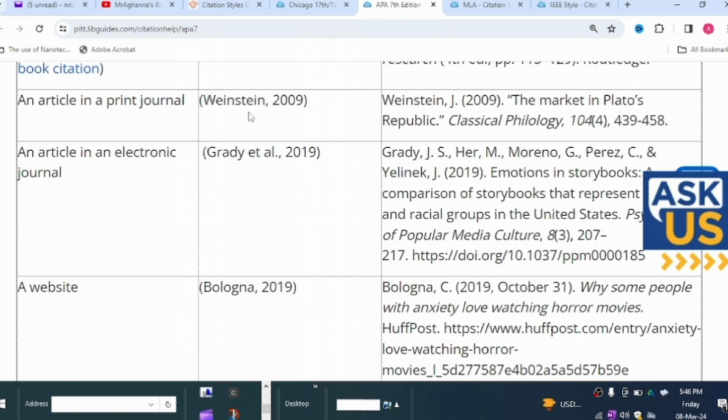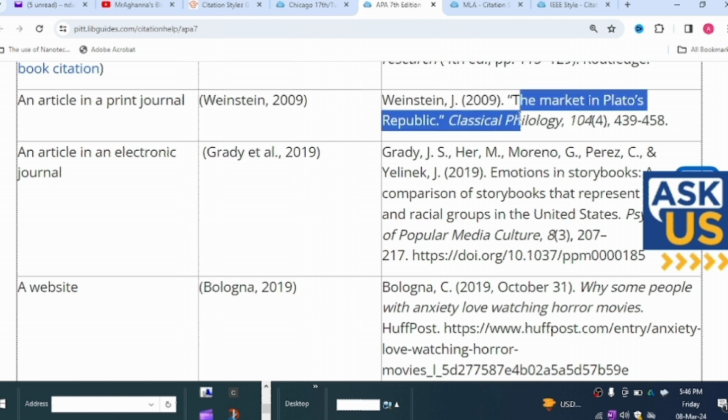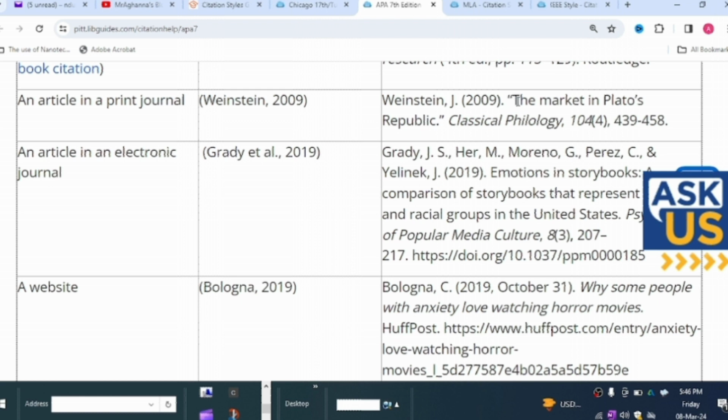So if you're citing such a paper, you just have to include this in the in-text, that's in the body of your paper, and come under the reference list to include these details. This one is the surname of the author and the year, and you have the title of the paper that you consulted.